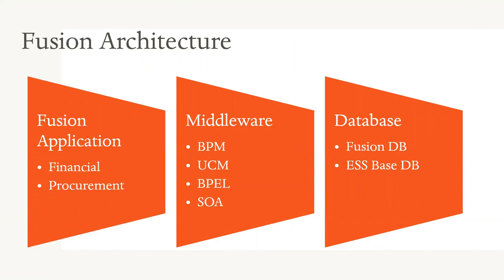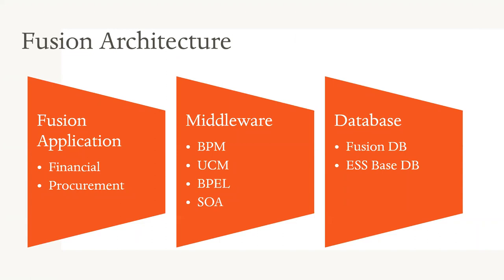Okay, so how has the Fusion architecture been built, and what is new for us to explore in Fusion? Basically, here we have the Fusion application, then the middleware, and then the database.